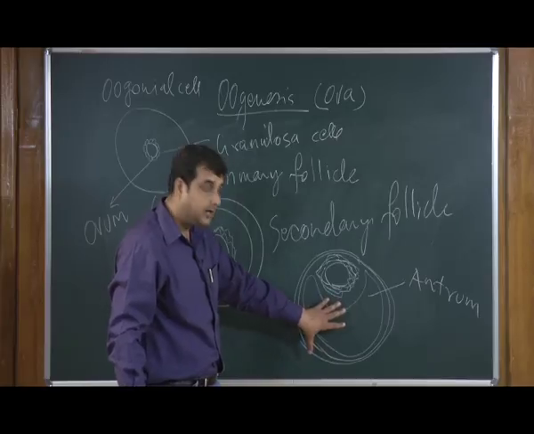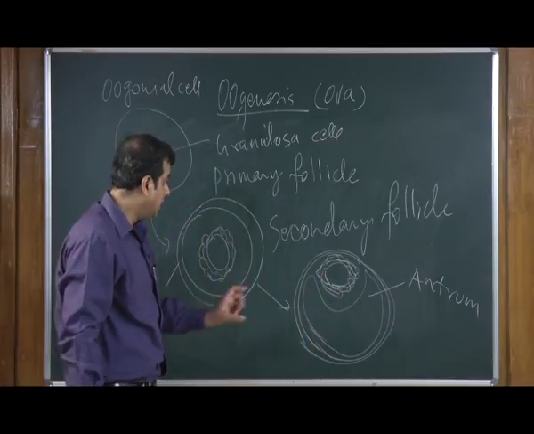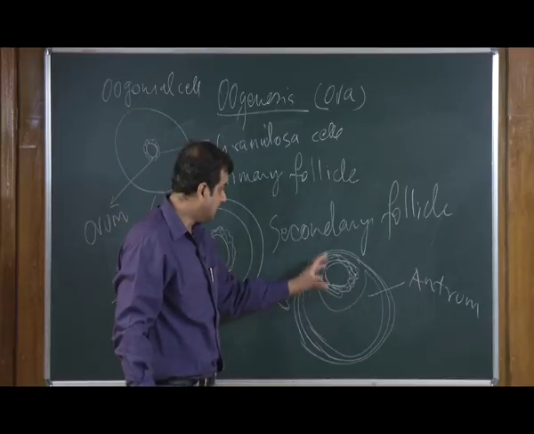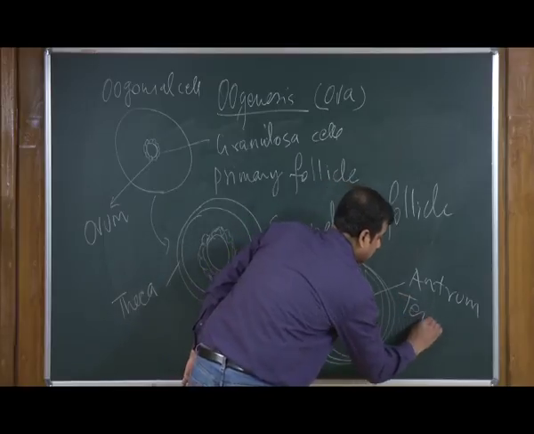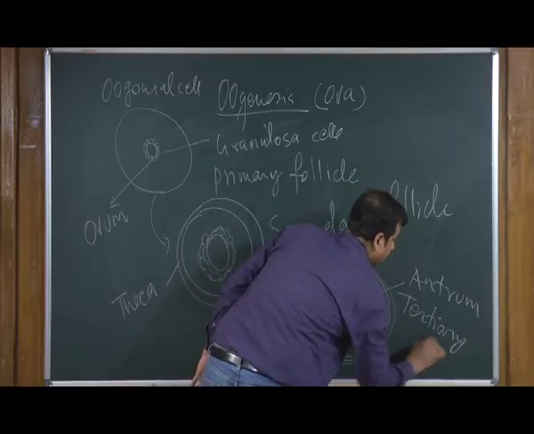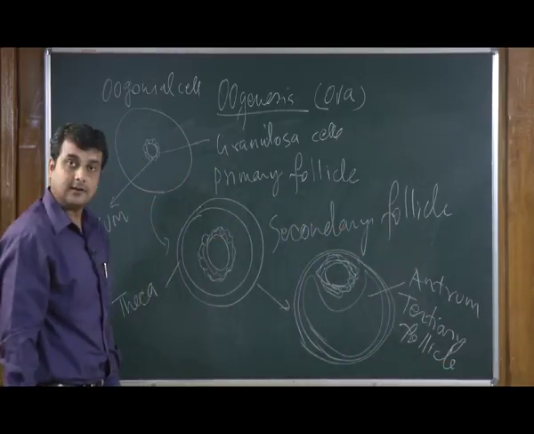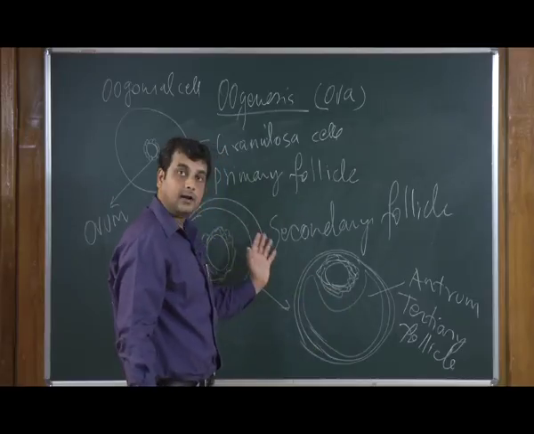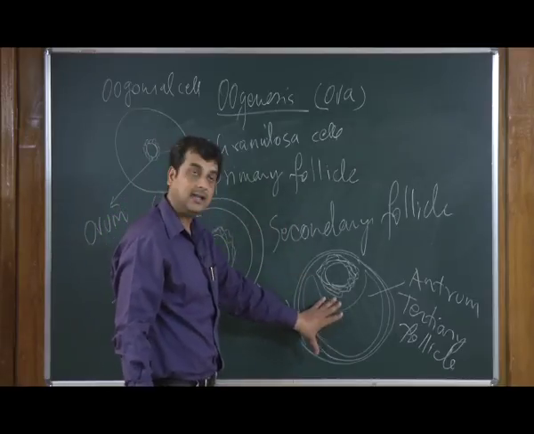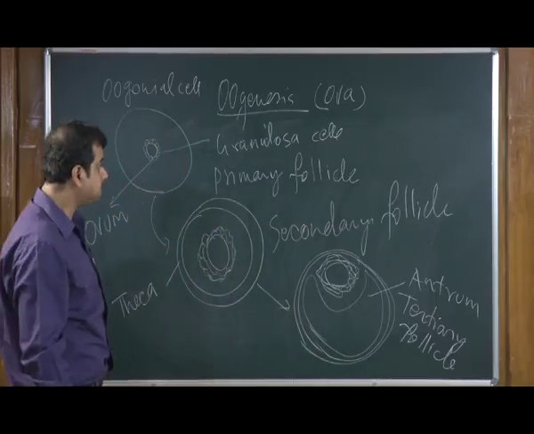Now this fluid filled cavity, the antrum, and this developing ova with all the granulosa cells surrounding the ova is called the tertiary follicle. This tertiary follicle is simply the progression of the secondary follicle containing an antrum. The antrum is nothing but the area that can hold fluid material.